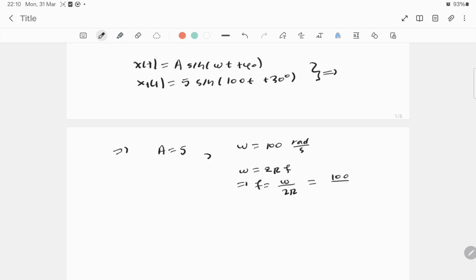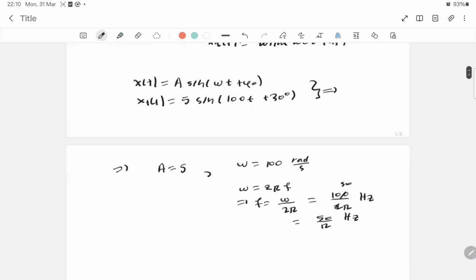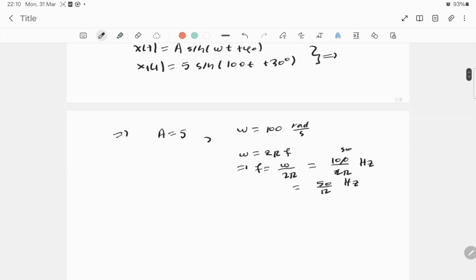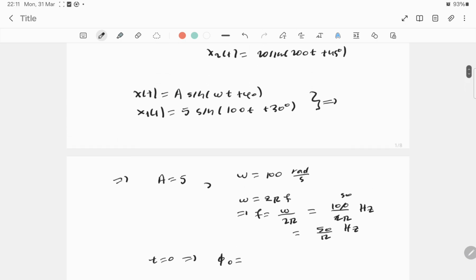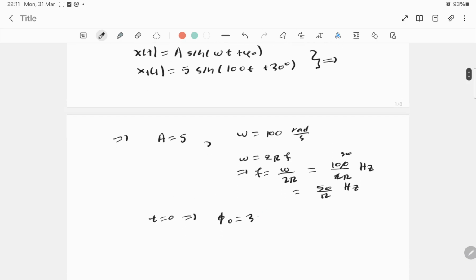So it's 100 over 2 pi hertz, and that is 50 over pi hertz. That's my frequency f. And then to find the initial phase, you put t equals 0. So my initial phase phi 0 is equal to 30 degrees.